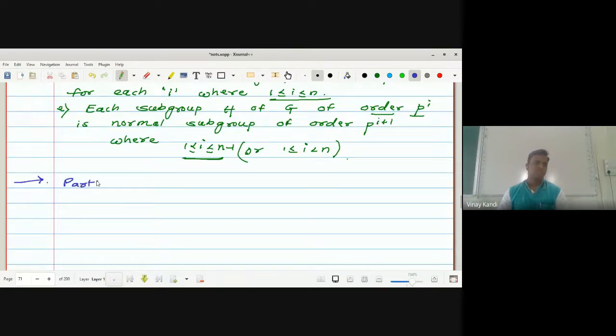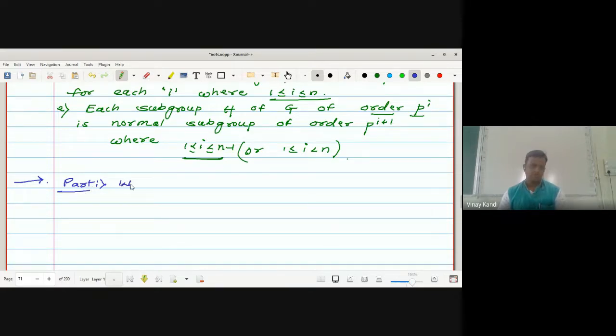We will prove this theorem by the method of mathematical induction. Do you know the induction method? We prove it true for n is equal to 1, then assuming n is equal to i, we will prove n is equal to i plus 1.